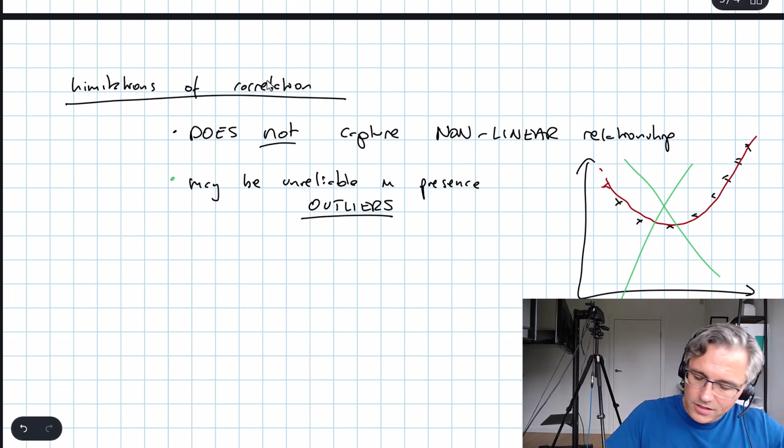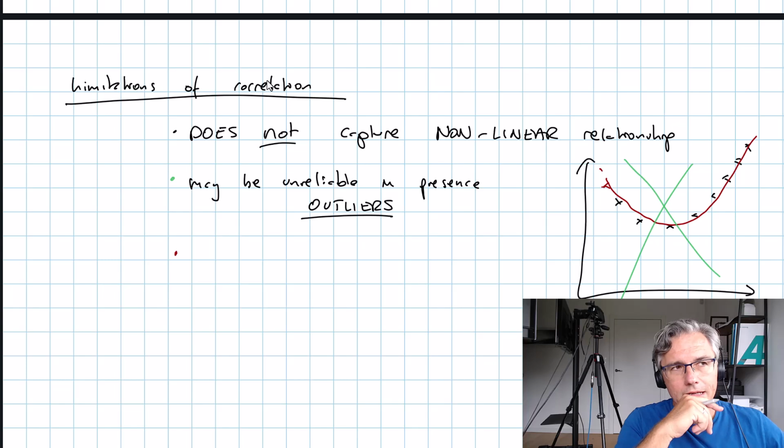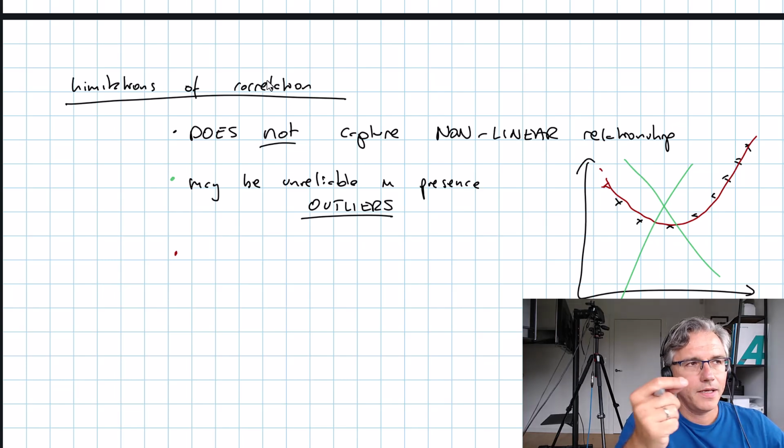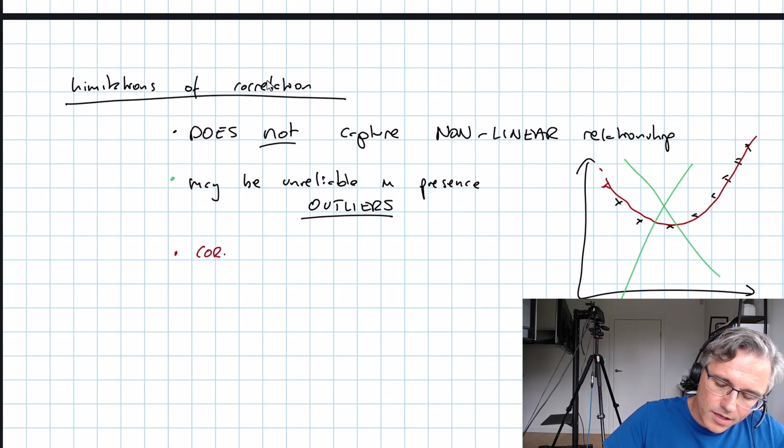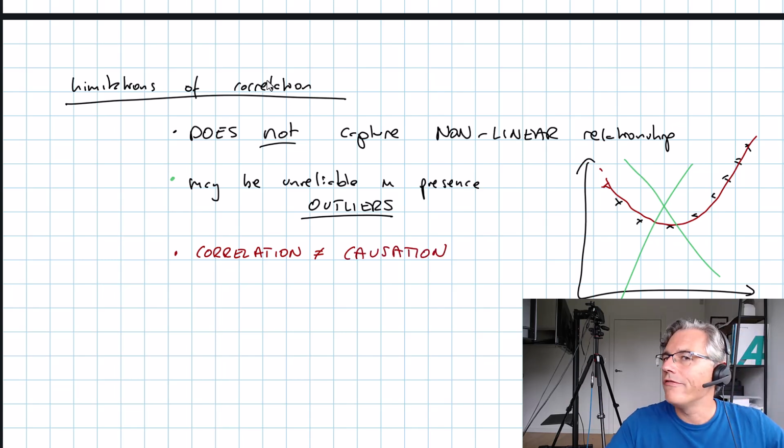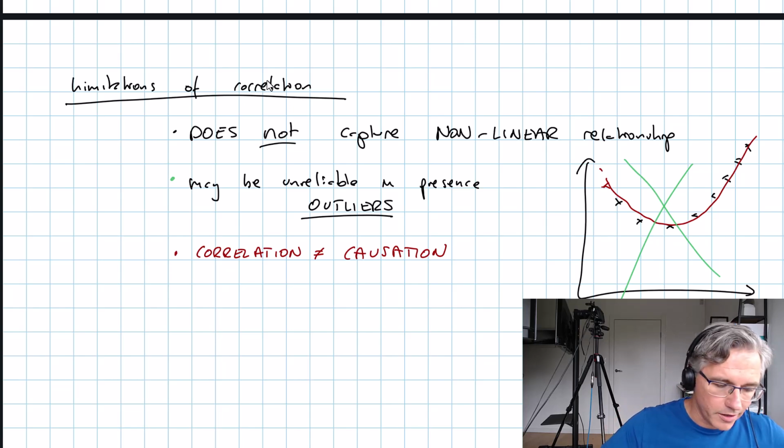And just because there seems to be some kind of dependency, it doesn't mean that there is causation. So correlation does not imply causation. It doesn't mean that one thing drives the other, right? Just because they co-vary quite well.